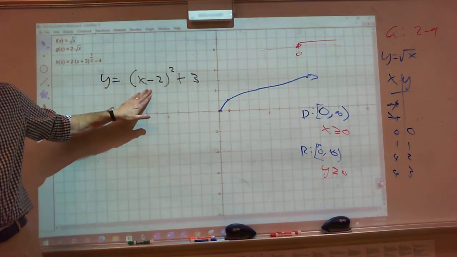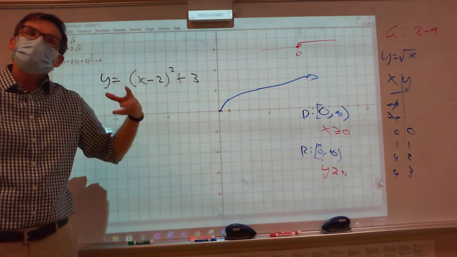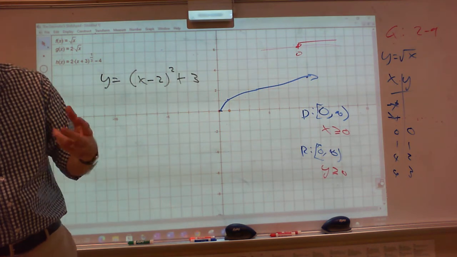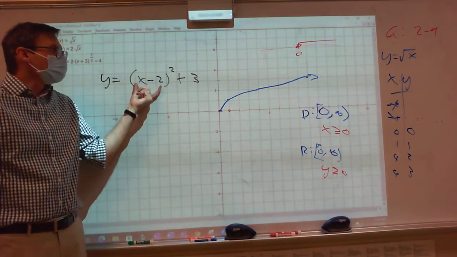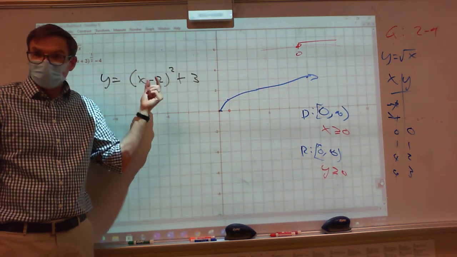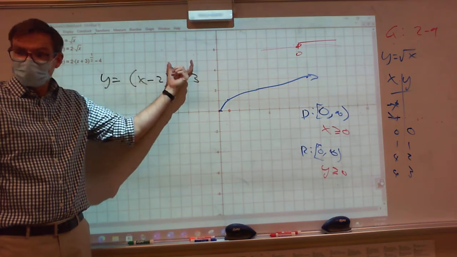Anything inside the parentheses impacts the x's, it's going to move left and right. And everything inside the parentheses is always backwards from what you think. My loose explanation why was, you're going to set this equal to 0. Does that sound familiar? So this says, take my parabola, go right 2, up 3.